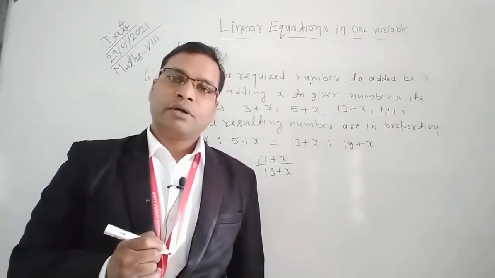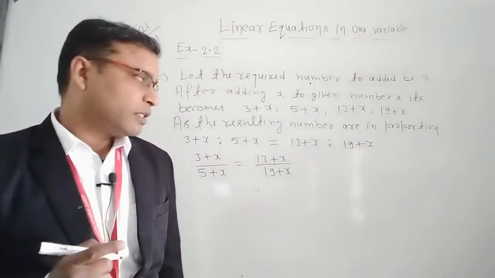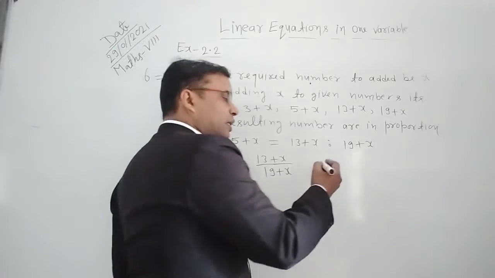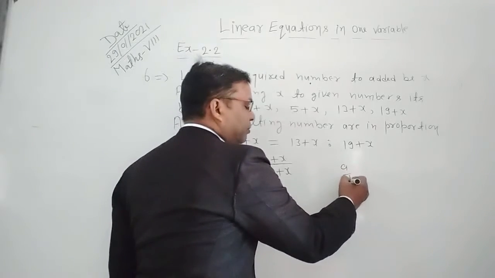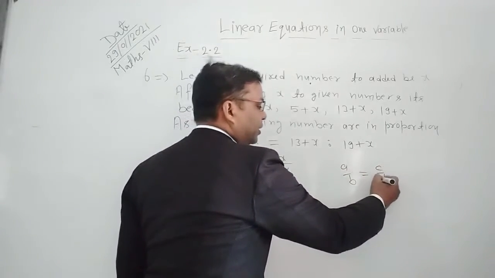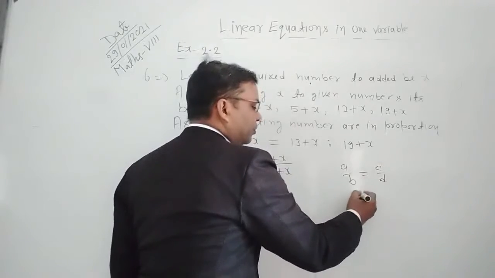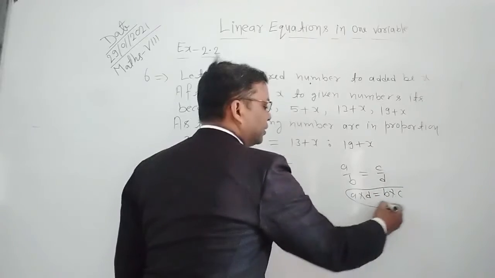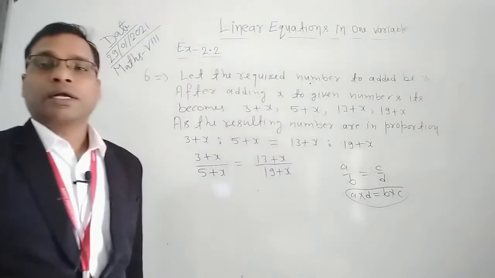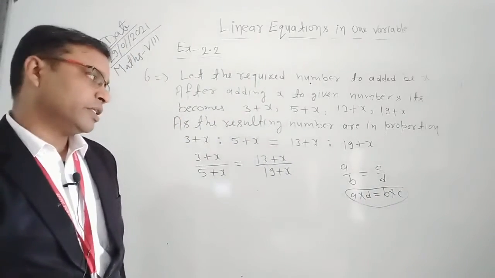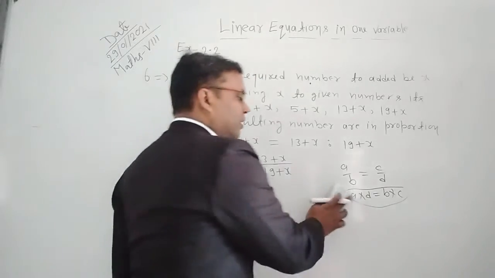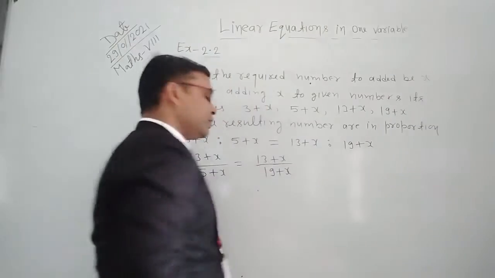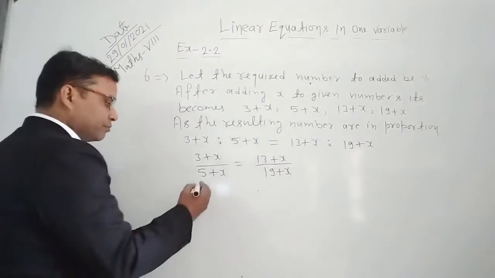I hope all of you know the cross multiplication method. According to cross multiplication, A by B is equal to C by D, you can write A into D is equal to B into C. This method is called the cross multiplication method. So here we use it.